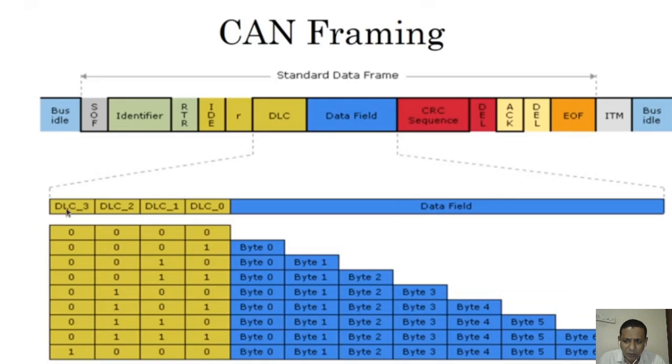The data length code, DLC 0 to DLC 3, is 4 bits, so you can see 0 0 0 0. If DLC 0 is 1 and all other bits are 0, only 1 byte will be in the data. If there are 2 bytes in the data, the code will be 2 1 0, and 2 bytes will be sent in the data field. This is the data field.